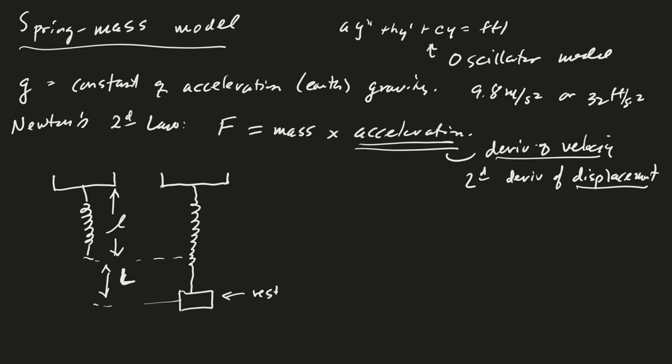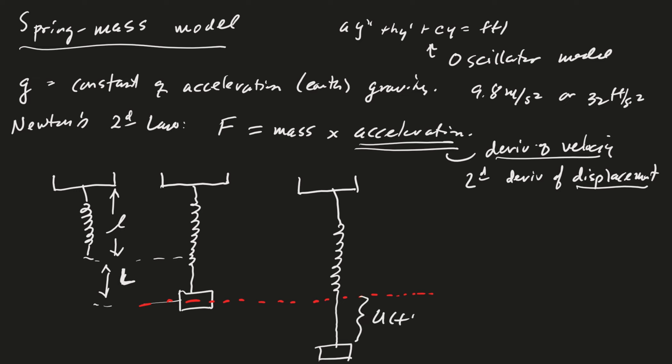Good. And finally, I've got one more piece of notation that I want to bring in here, and that is my weight is going to be in motion, and so I need to define the displacement from rest. I'm going to go ahead and maybe make this red right here. This is our kind of distance at rest here, and so the distance from here to here is now going to be our u of t, where that's displacement.